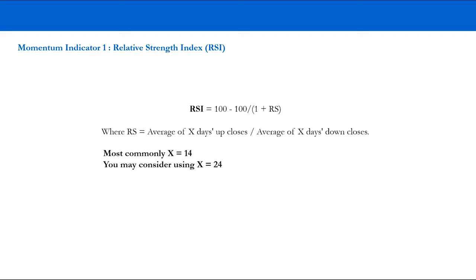You can look at this further online in your own spare time if you want to. Most commonly, X is 14, so 14 days, but you might consider using X as 24. The reason for this will become apparent when we look further into moving averages, which is another momentum indicator.